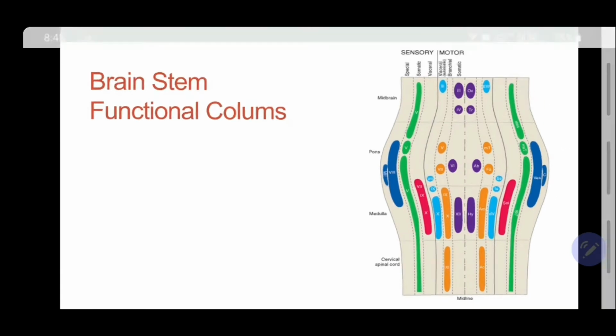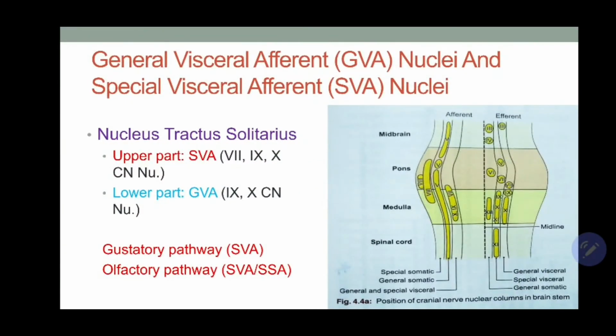Okay, so now I'll be talking about the afferent functional columns one by one. The medial most functional column, as I told you, has two visceral components, general visceral afferent and special visceral afferent.